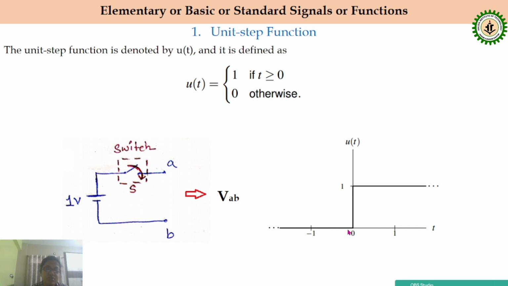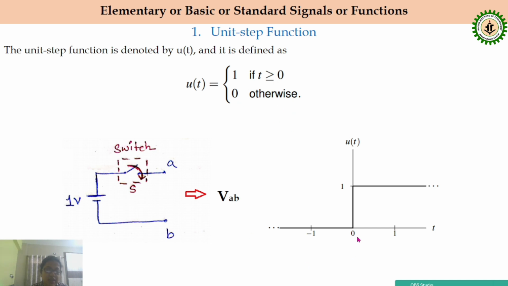Initially the magnitude was 0, and after that at t equals 0 there is a certain change, and this change takes the signal to one value, the amplitude becomes 1, and after that this amplitude continues. So how can we represent this? The unit step function is represented by u(t). u(t) equals 1 if t is greater than or equal to 0, and 0 otherwise.